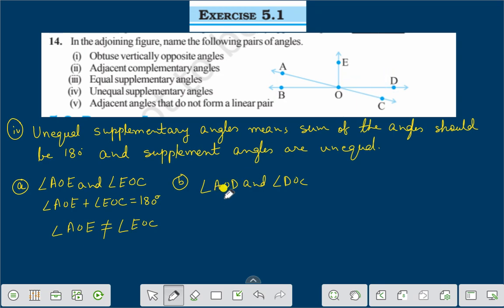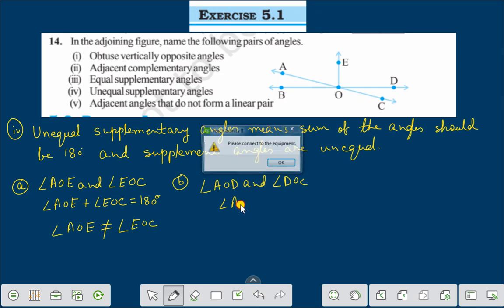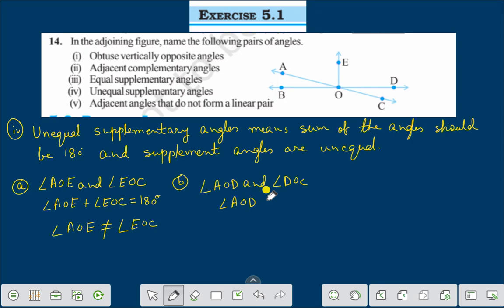Here you see that angle AOD is not equal to angle DOC, right? And also angle AOD plus angle DOC is equal to 180 degree.